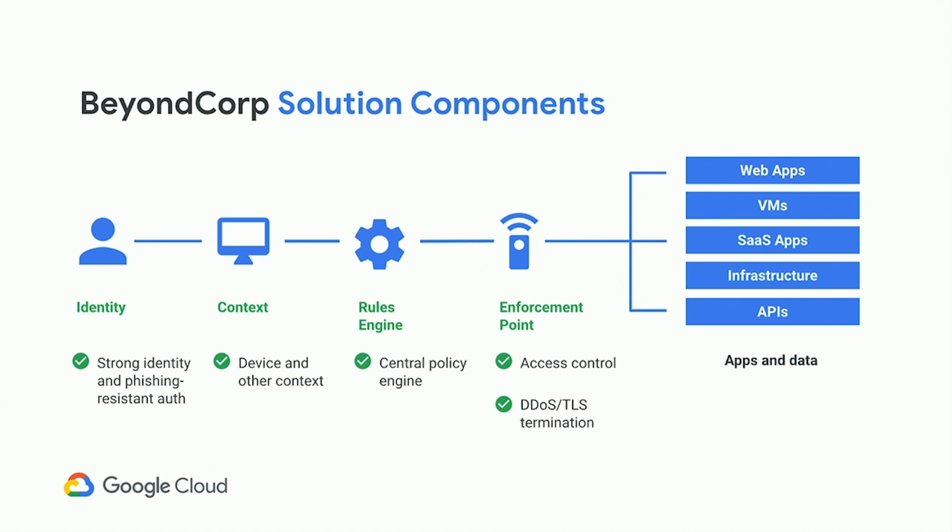It also requires context information, such as location, device status, etc. It requires a rules engine that allows the IT security teams to define access rules. And finally, it defines enforcement points that control access to the various resource types, such as web apps, VMs, APIs, etc.